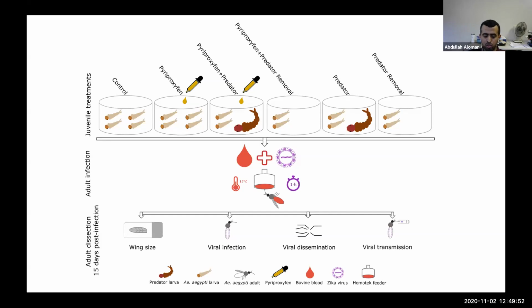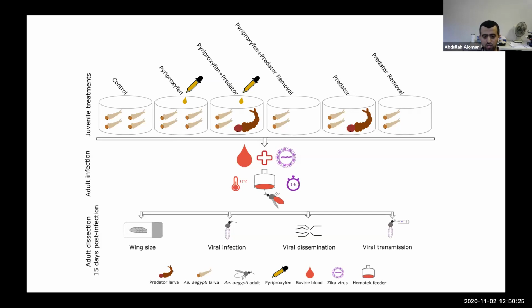With regard to these removals, in the treatments that contain a predator, for example, pyriproxyfen plus predator and predator treatment, the number of consumed Aedes aegypti prey was counted daily and averaged across all the replicates as a measurement of the daily predation rate. Then this number was removed from the pyriproxyfen plus predator removal and predator removal treatments, respectively.